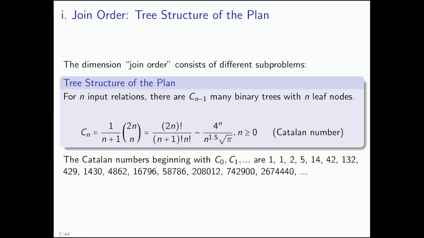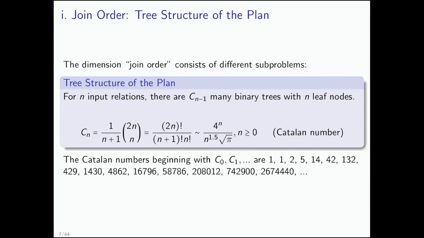So join order. This dimension, join order, consists of different sub-plans, actually. One is the tree structure of the plan. If you remember, we only have unary operators and binary operators, join operators being binary. There's no ternary join operator in this database world.